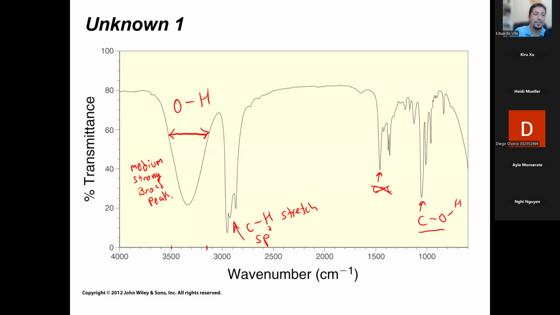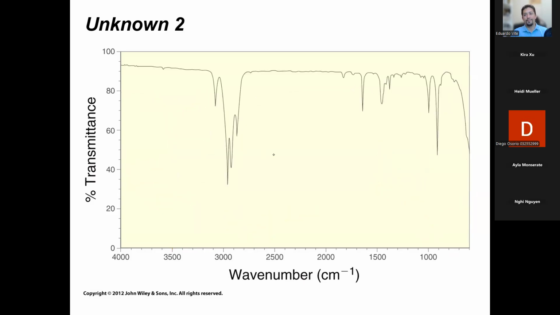All right. Let's look at the next one. What about this one? What functional groups do we see here?